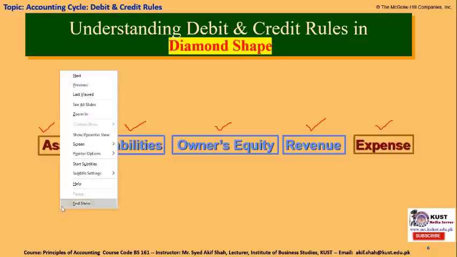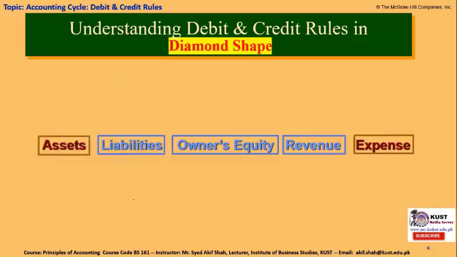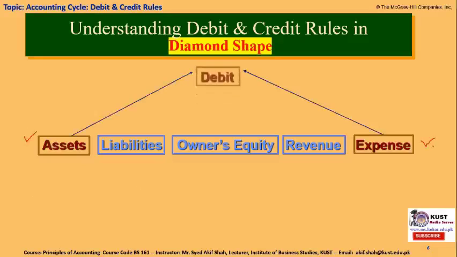So let me complete these rules that will assist you to understand the debit and credit rules. Dear students, as mentioned at the side borders, assets and expenses are mentioned in the dark brown color. So the arrowhead upward is showing us the increase in the total amounts of assets or expenses.